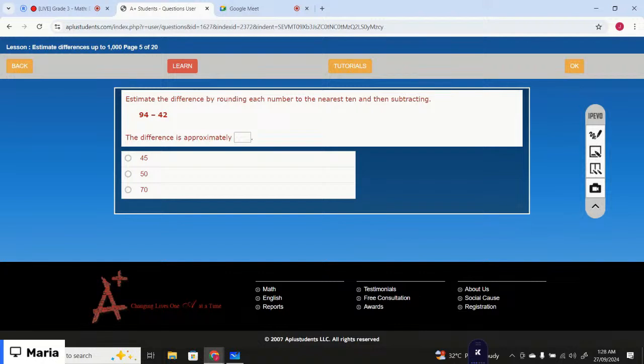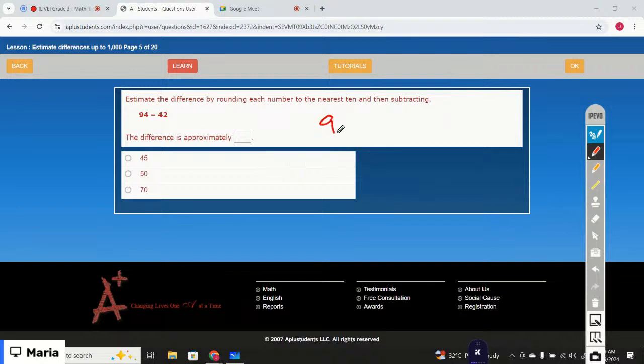So which is the correct option? 94 is rounded off to 90 and 42 is rounded off to 40.